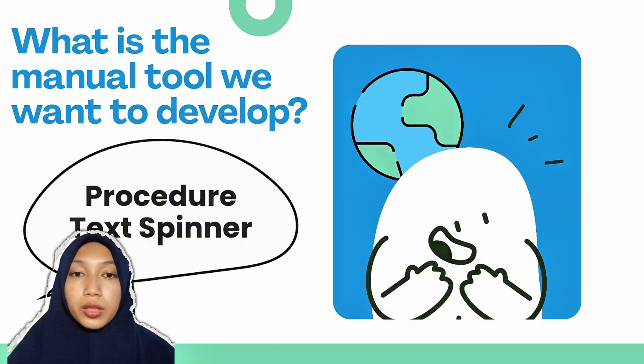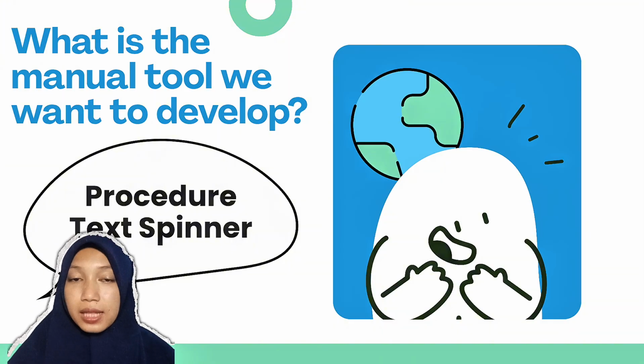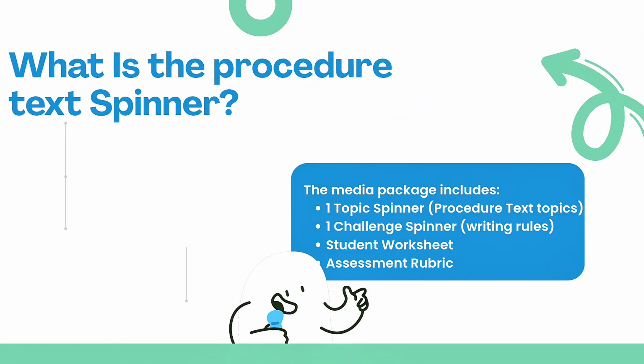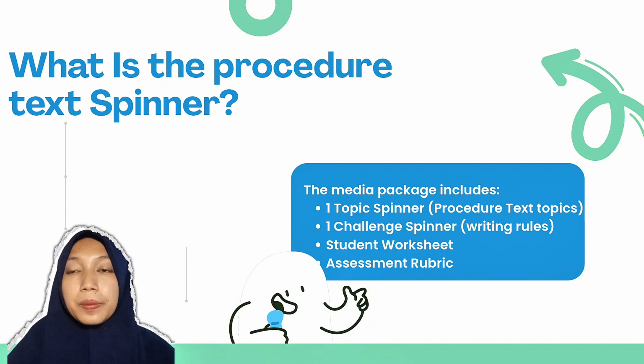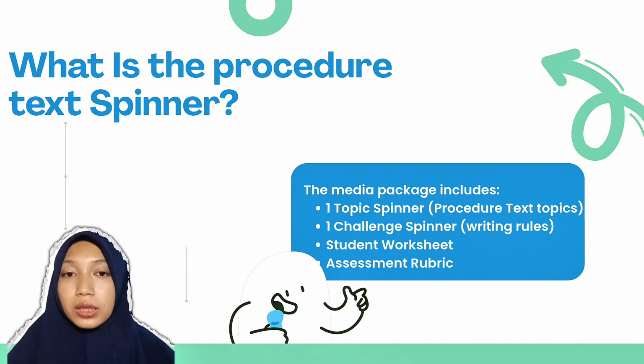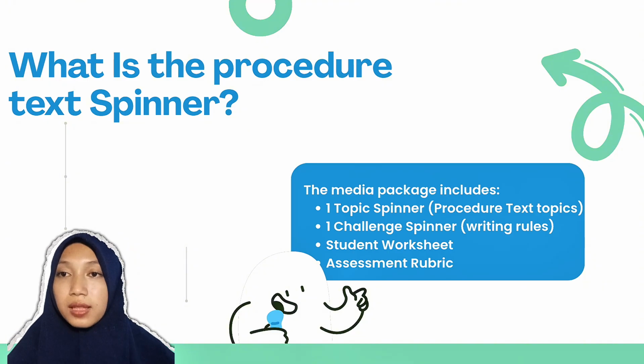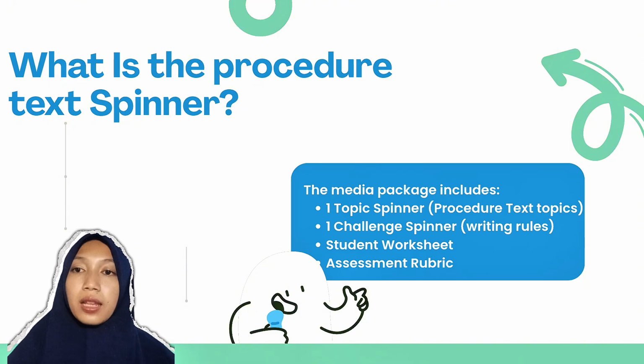One spinner is for topic selection, and the second spinner is for writing challenges or conditions. The media package includes one topic spinner for procedure text topics, one challenge spinner for writing rules, and then a student worksheet and assessment drafting.